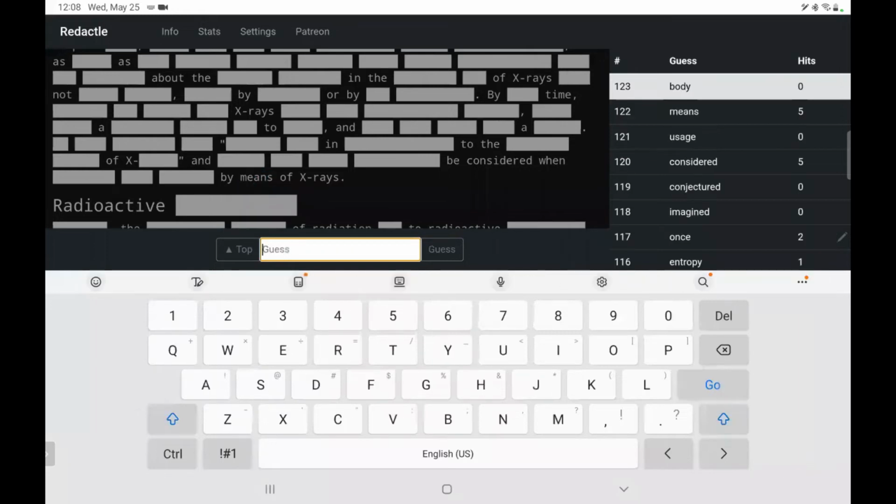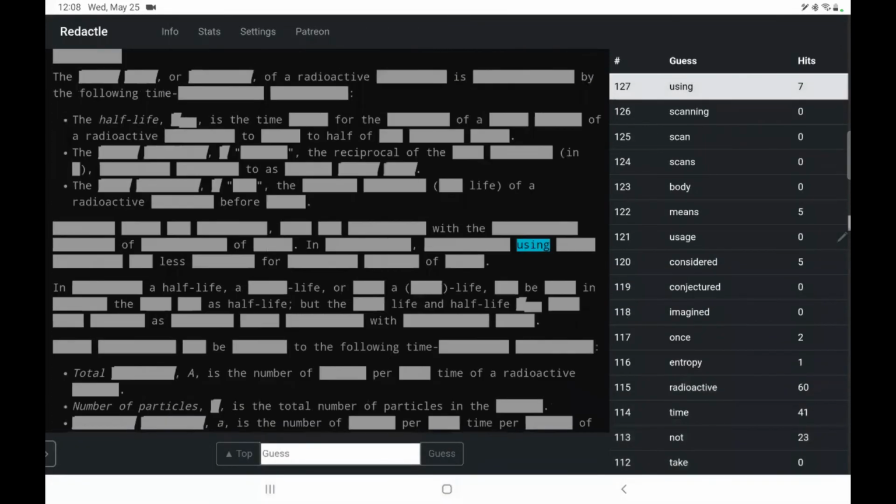Let's try body. No. Scans. Scan. Scanning. Using. 7 usings.